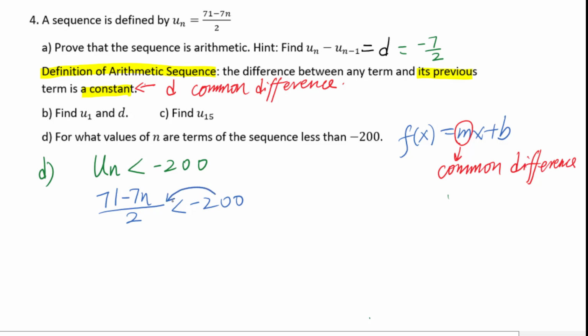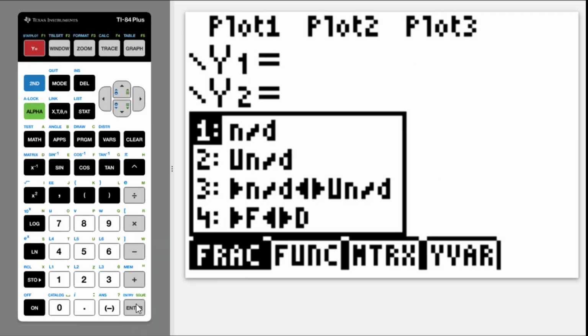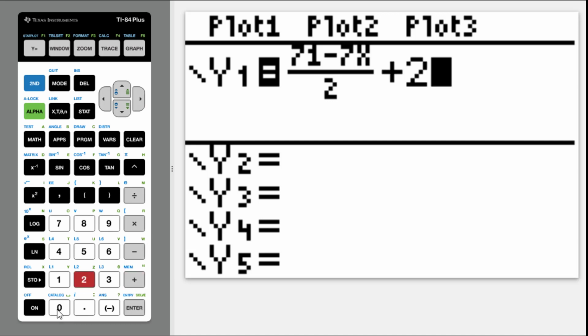So cross the river, change the sign: (71 minus 7n) over 2 plus 200 less than 0. We will put this into y1. Let's go to y1. Alpha y equals, enter. (71 minus 7x, change the variable n into x) over 2. Then plus 200.